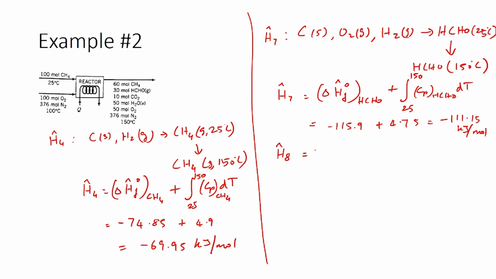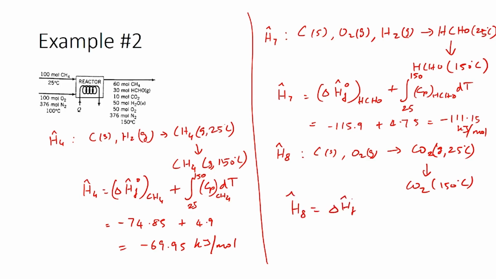Similarly, we can calculate H8 cap. H8 cap is the process where you have carbon solid and oxygen gas at 25 degrees Celsius forming carbon dioxide gas at 25 degrees Celsius, which is then heated to form carbon dioxide at 150 degrees Celsius. So, the first step for H8 cap is the heat of formation of carbon dioxide.